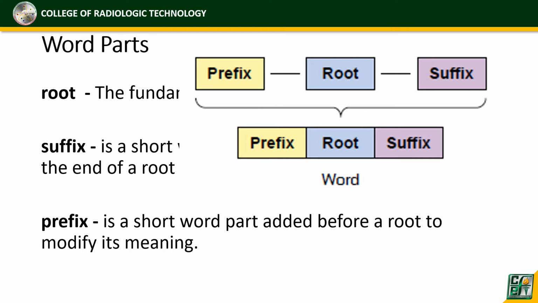Some have two root words plus the suffix, and some have a suffix plus two root words. So we must be able to familiarize ourselves with these word parts in order to build a medical vocabulary.